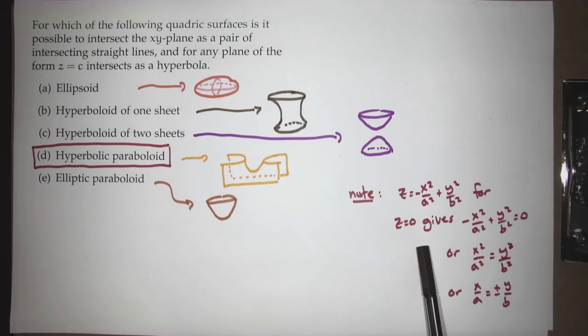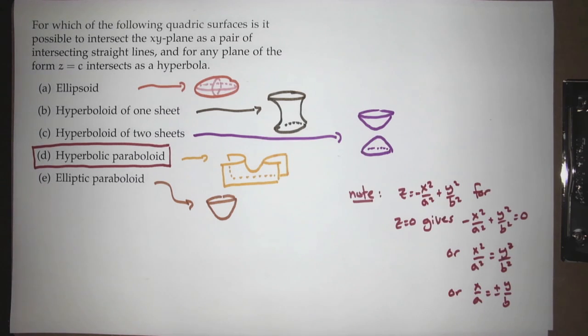If you plug in z equals 0, that gives you x squared over a squared equals y squared over b squared, which says x over a is plus or minus y over b. Which means you have two intersecting lines that go through the origin. So indeed, it is D.